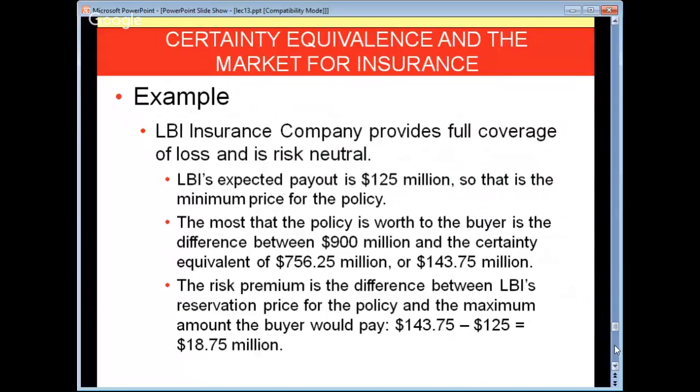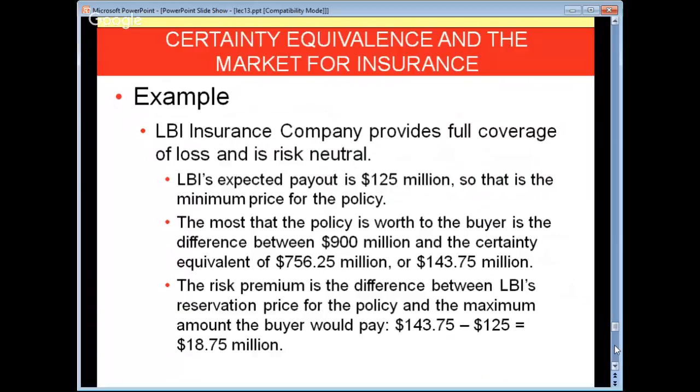That difference is $143.75 million. So the risk premium is the difference between LBI's reservation price, which is $125 million, and the maximum that the buyer is going to pay, which is 143.75, or 18.75 million. That's the risk premium, right? Or the amount above what the person is willing to pay that they're charging them for the insurance.